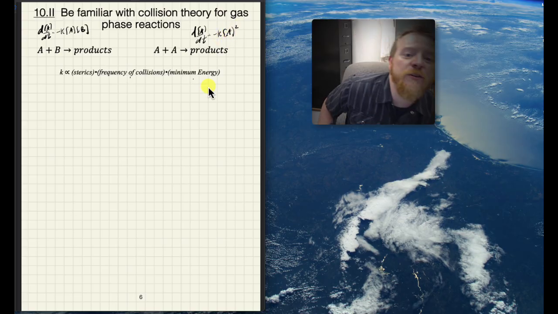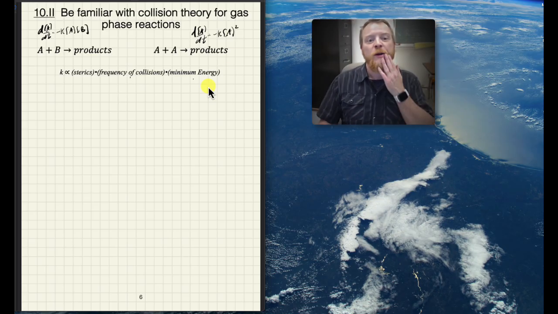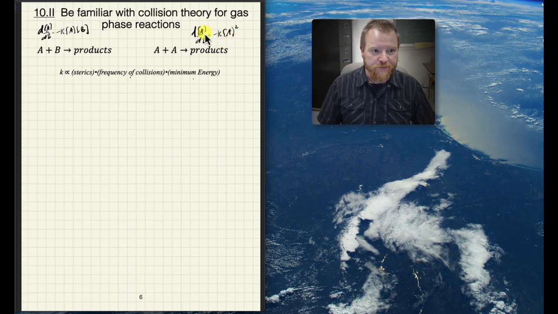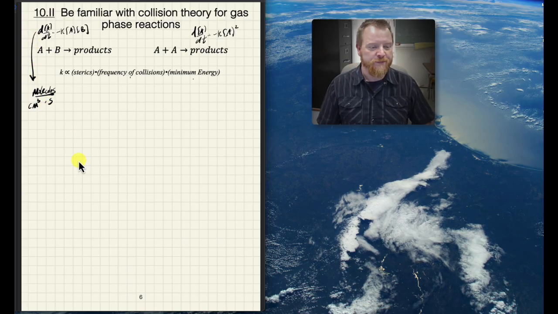So if we try to develop some kind of rate fundamentally, we know that they need to take on the same units, right? And the units of our reaction rate are going to be molecules per, I'm going to keep that in our standard gas phase unit, cubic centimeter per second.